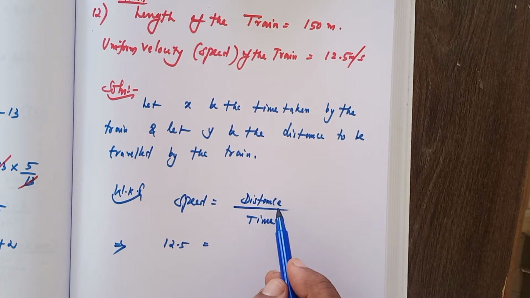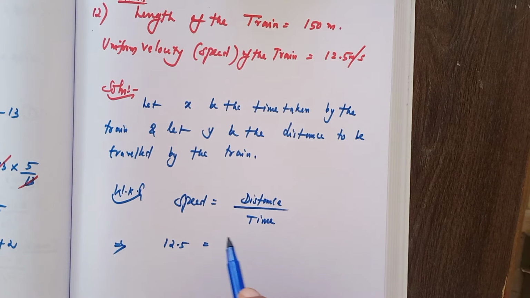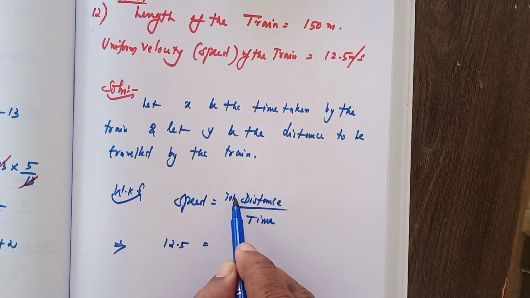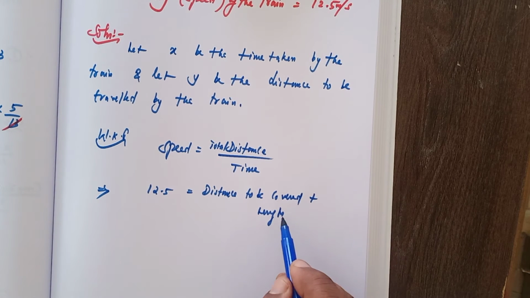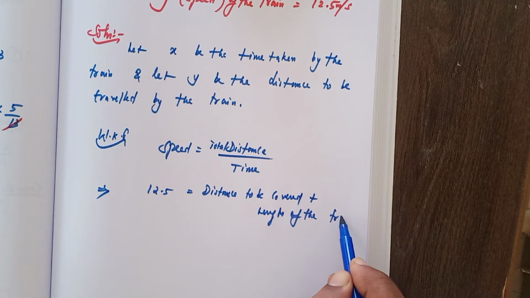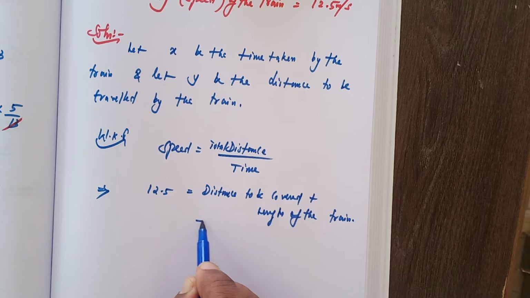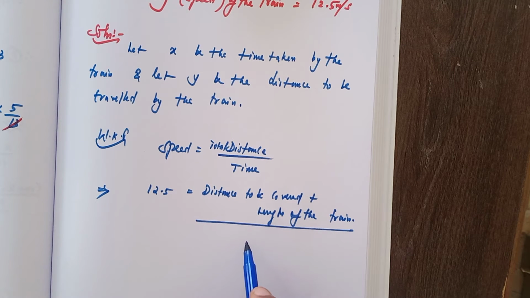Distance means distance to be covered plus the length of the train. That's the total distance. So total distance, what I have to write? Distance to be covered plus length of the train, whole divided by the time taken.